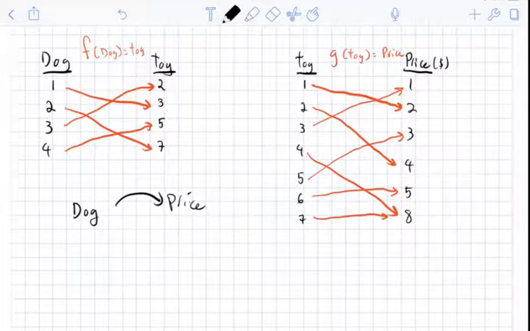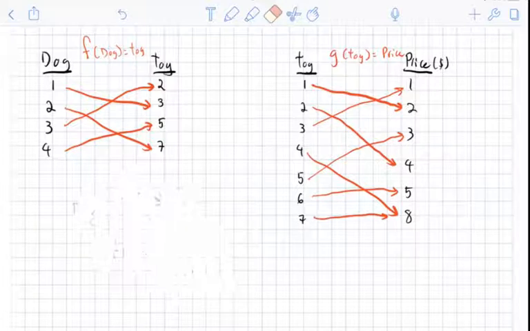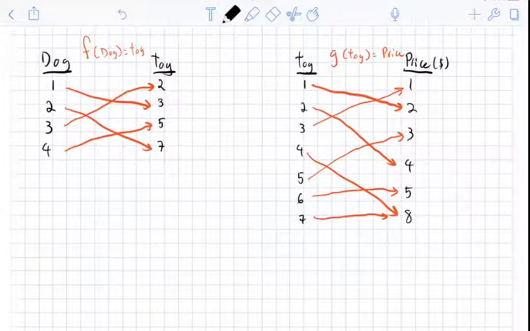Okay? So the ordinary way to do this would be to say, okay, f of 2, that's toy number 7, and now let's look up toy number 7. How much does toy number 7 cost? It costs $8. Okay? That's the ordinary way to do it. I want a slightly more efficient way to do it. So what I'm going to do here is write essentially 3 columns.